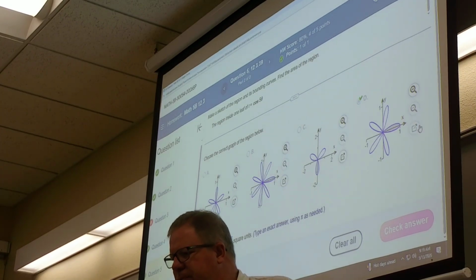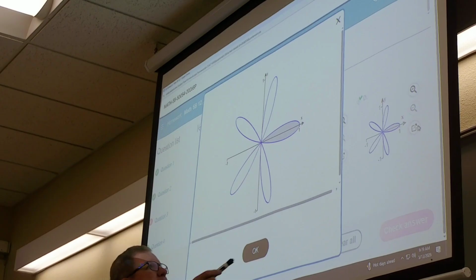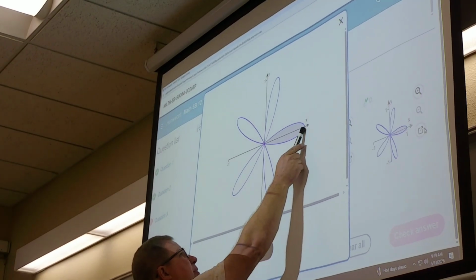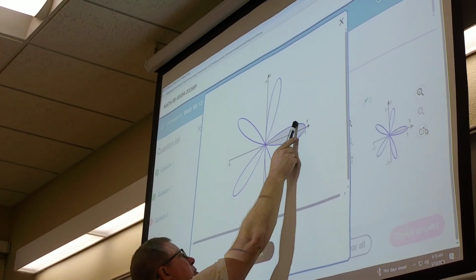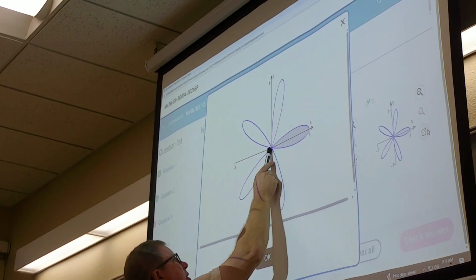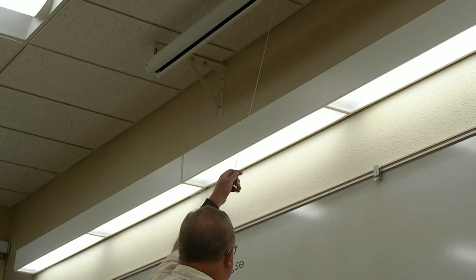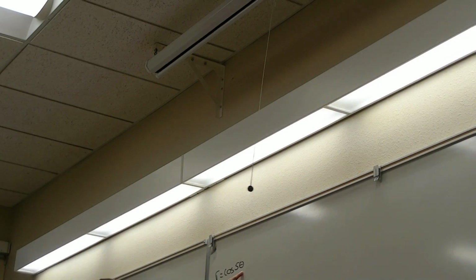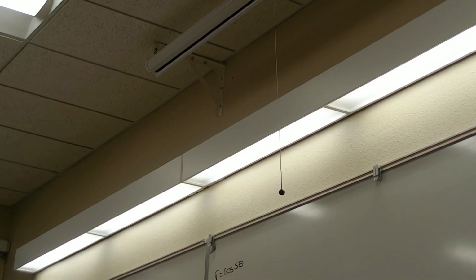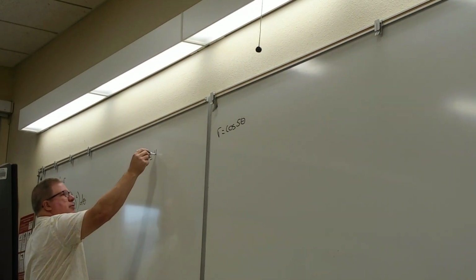Let's make sure we understand what we're doing. Cosine of 0 gives us this point out here. Cosine of pi over 2 will take us to there. It'll give us the top half of that petal. But we can't just use pi over 2 because we don't just have theta in there. We got to know what value of theta makes this pi over 2. So scratch paper will work.